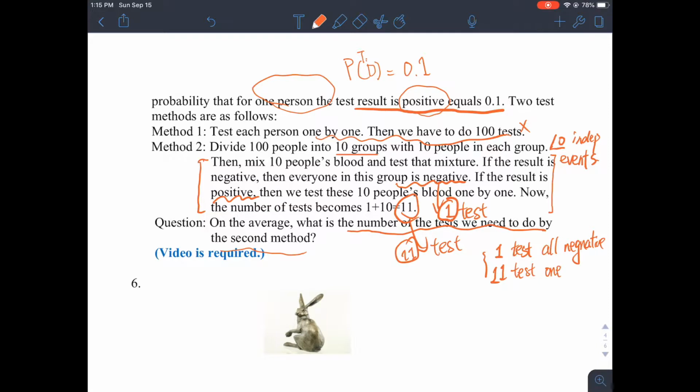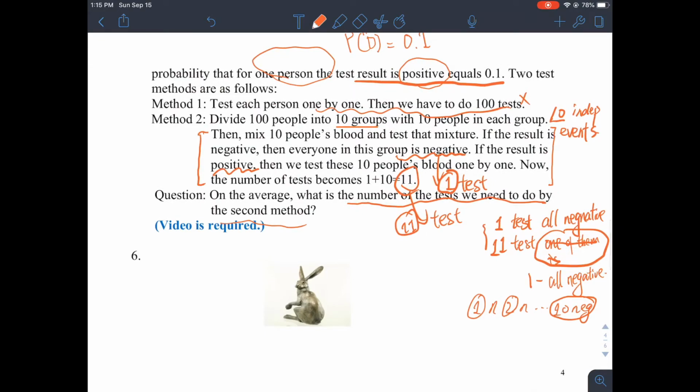One of them is not correct, so it's very tricky here. This is like 1 minus the negative probability. It can happen like 1 negative, 2 negative, and so on, up to 10 negative.